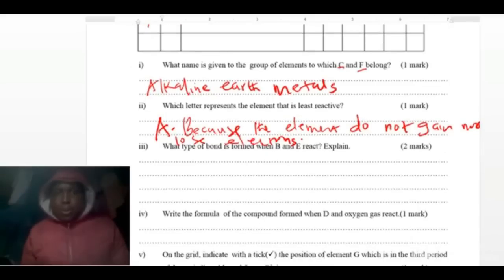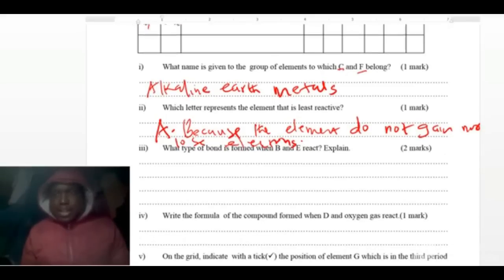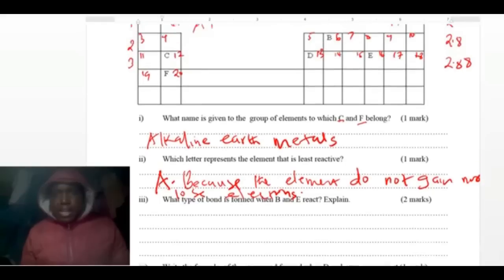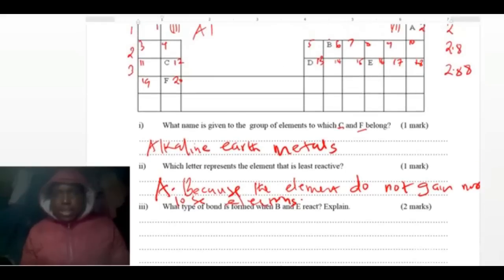What type of bond is formed between B and E? You go back and look at B and E. B is carbon, and E is number 16, that is sulfur.